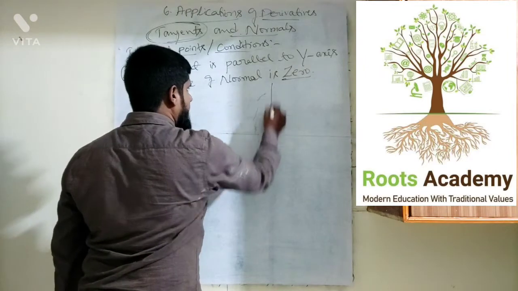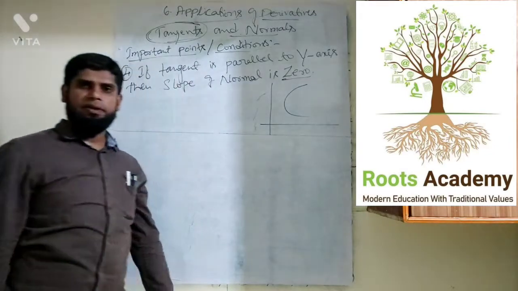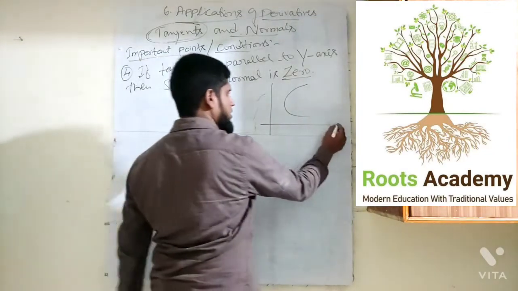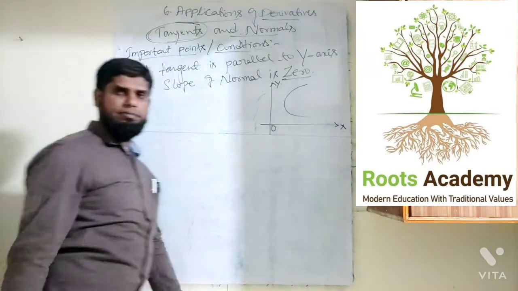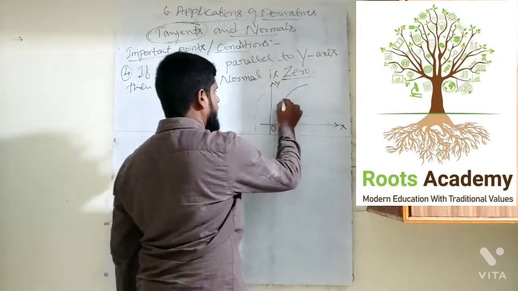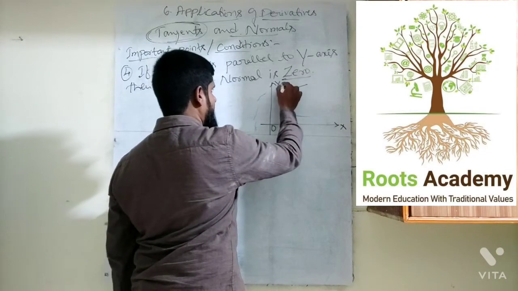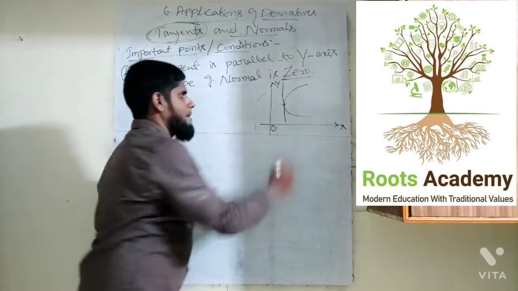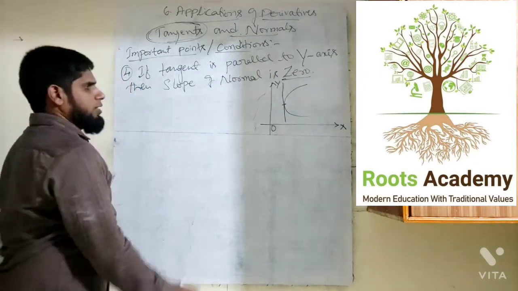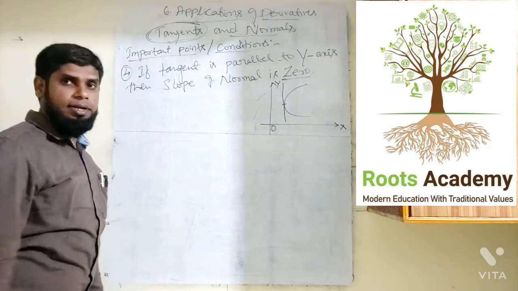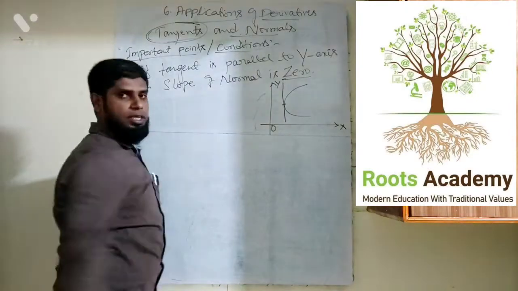So that means if I have a curve like this, obviously this is the x-axis, this is my y-axis, and this is the origin. If I draw a tangent at this particular point, if this line is parallel to the y-axis, then in that case the slope of normal is 0.